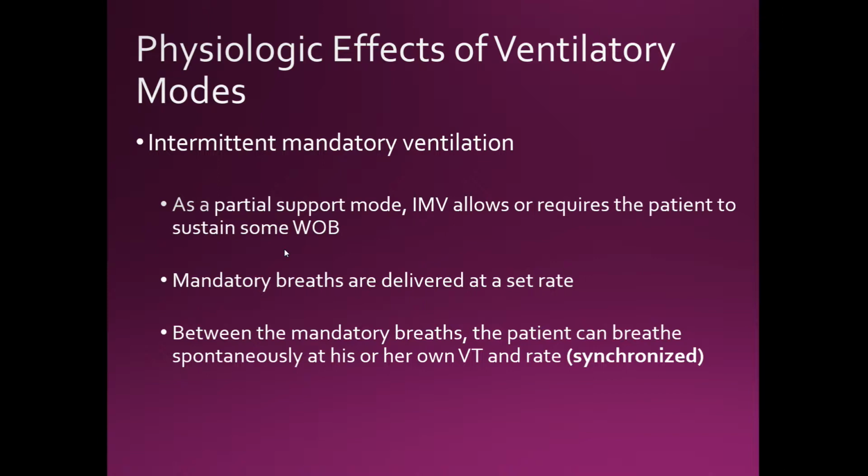Now if I start a patient on SIMV, I cannot call that a weaning mode, because a weaning mode is a mode that you would take the patient down to a lower level of ventilatory support. Here's what I mean. If I had the patient on SIMV and I bring them down to BiPAP, BiPAP would be the weaning mode for that particular patient.